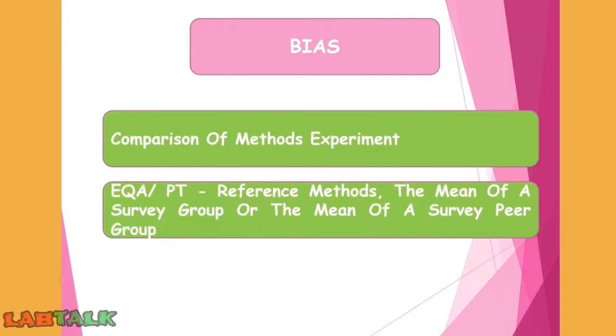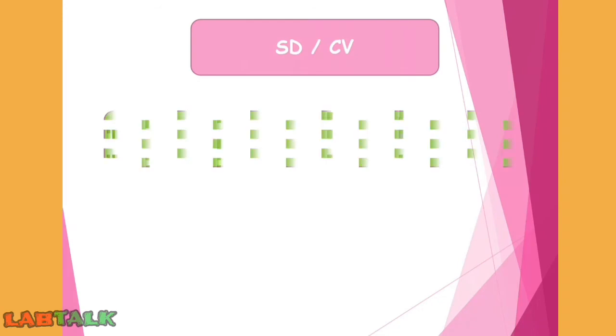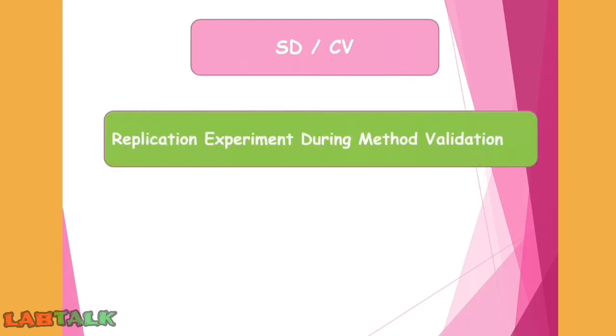And finally, the last parameter which we require for this sigma metric calculation is the CV percentage. Now this CV percentage can be obtained using the replication experiment which the laboratory has already performed while introducing a new test in the laboratory, which is the performance verification or test verification data, where the laboratory performs the precision experiment and collects the CV percentage data.